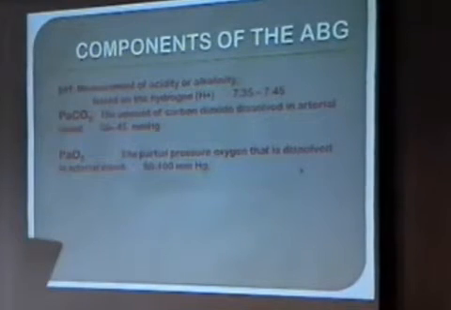Small a is arterial, big A is alveolar, standard. So arterial CO2 is the CO2 dissolved in the plasma, and the arterial oxygen is the partial pressure of oxygen dissolved in the plasma.